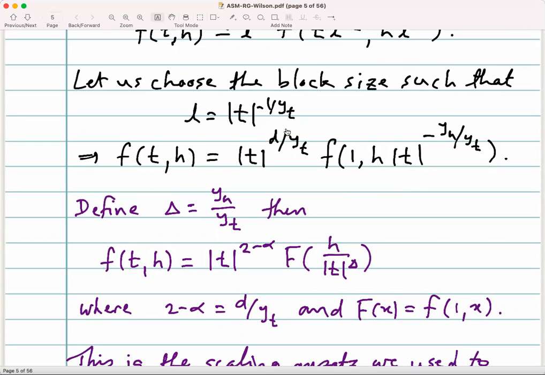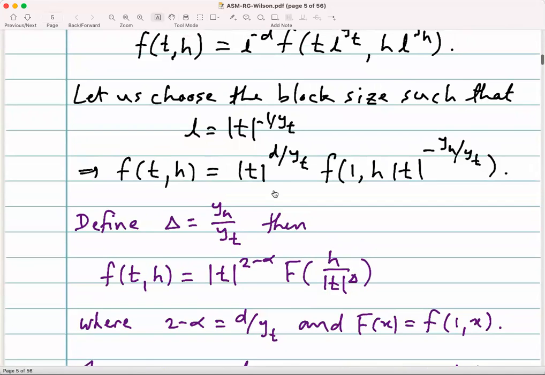Therefore, the power law coefficient sitting in front would be 2 minus alpha, because it's a double integral with respect to temperature. So therefore you say that 2 minus alpha is equal to d upon yt.